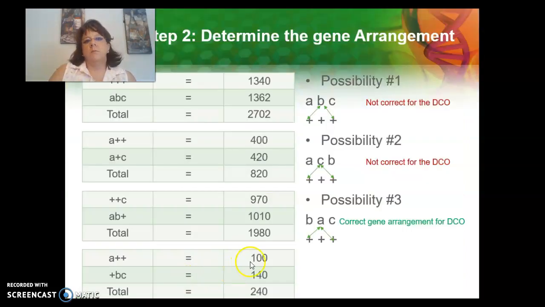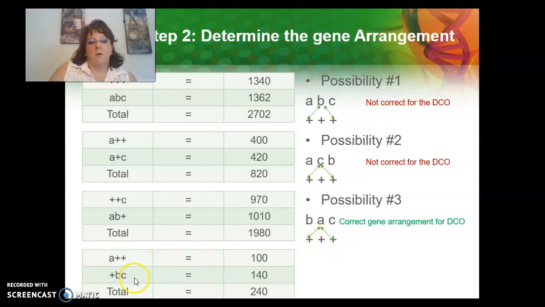This slide is a continuation of determining the gene arrangement. We have possibility 1 of A, B, C with the plus. Possibility 2, A, C, B, plus. Possibility 3, B, A, C, plus.